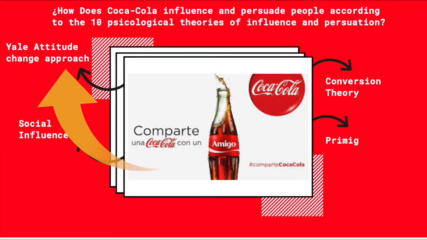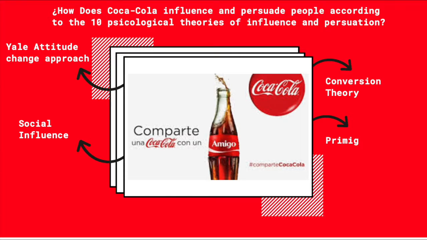The first theory I used was the Yale attitude change approach. In this theory, being credible and attractive can increase the possibility of influencing others. In this promotion, it is shown in the publicity that Coca-Cola uses popularity to be a credible and attractive speaker, and that is the principal statement of the Yale attitude change approach.